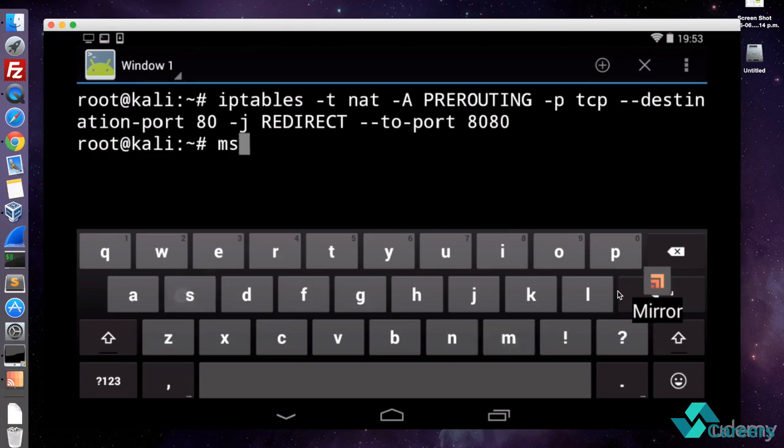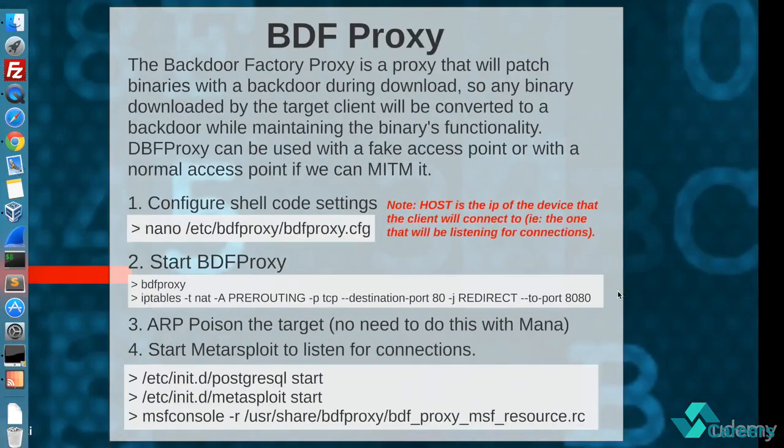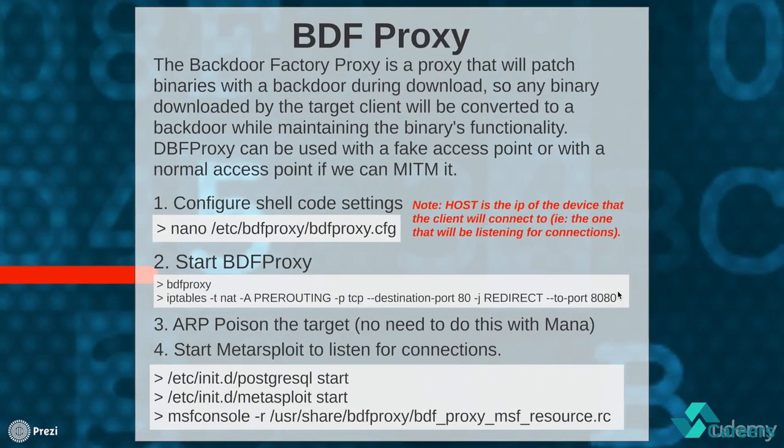Now I'm going to run Metasploit in order to listen. So I'm going to type in msfconsole in order to listen on the port for Windows machines. Now again, if you're not recording videos and there isn't much pressure on your laptop or on your device, then you can run it using this command. But for me, I'm just going to do it manually and only listen for Windows machines.